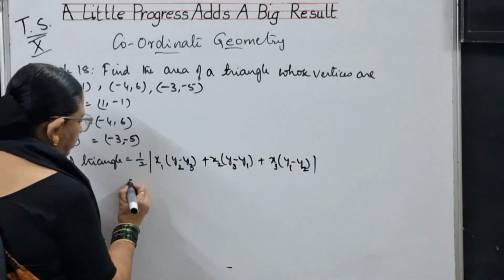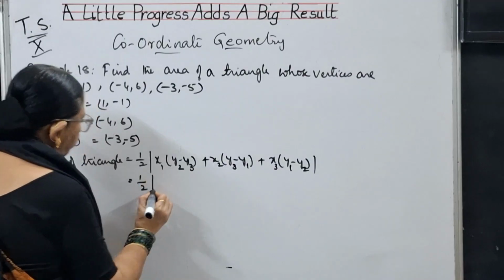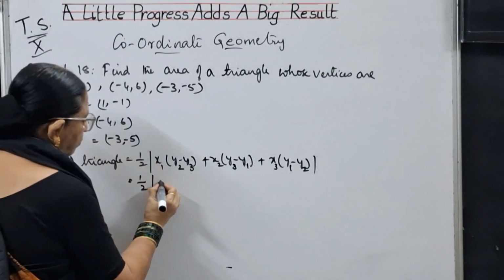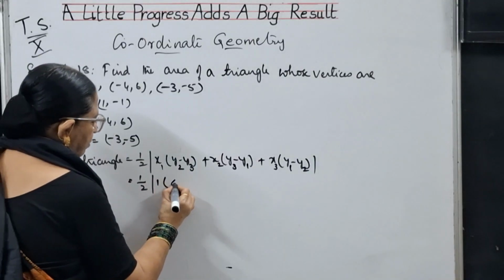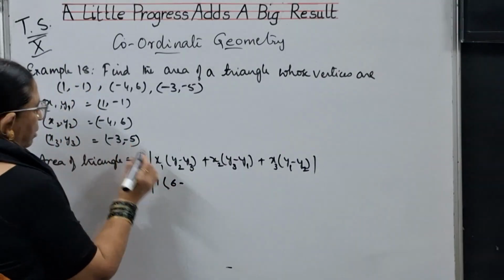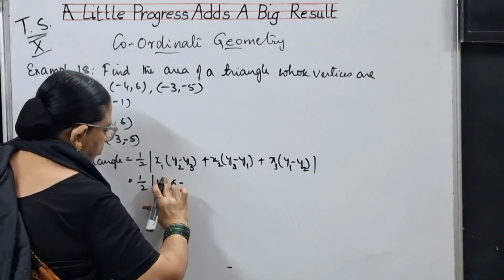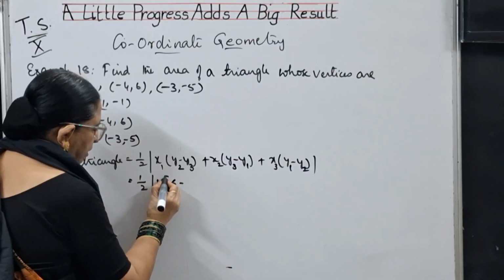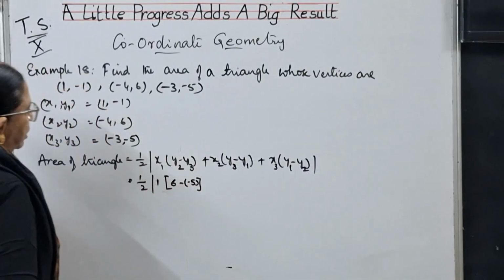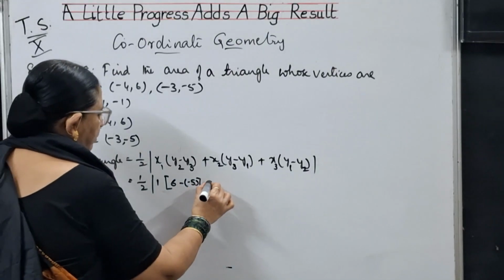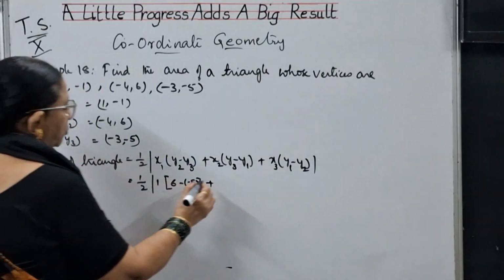Now let us substitute these values. Half into, what is x1? 1 into y2. What is y2? 6 minus y3, minus 5. So by 6, I'll take this bracket, because I need one more bracket here: 6 minus of minus 5, plus x2. What is x2?